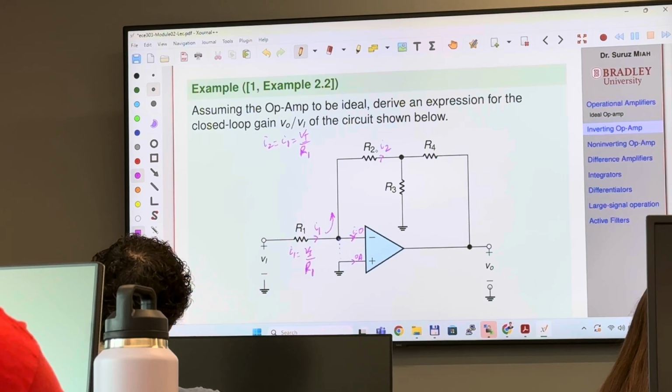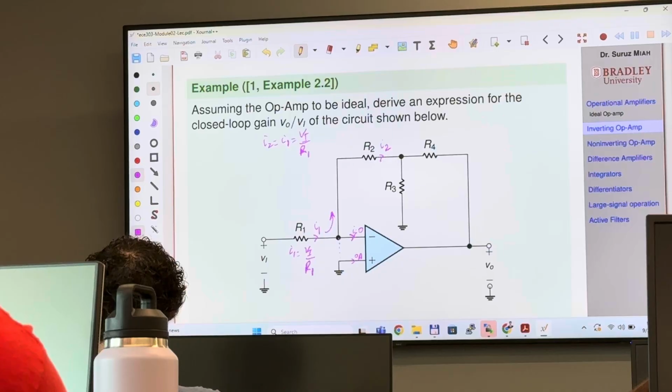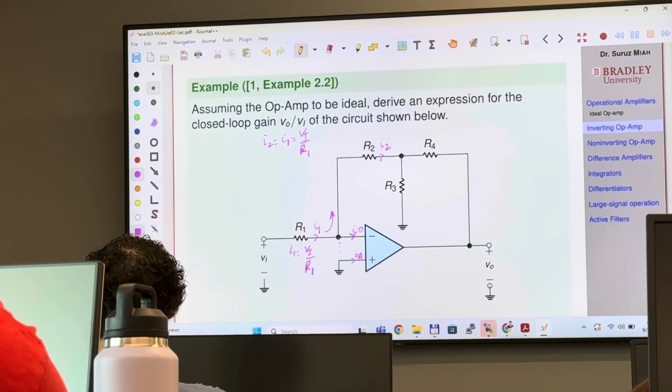Therefore, we know the voltage across R2. So if I know I2, what is the voltage across R2, guys? What is the expression for the voltage across R2? I already know I2, which is I1, which is Vi over R1.